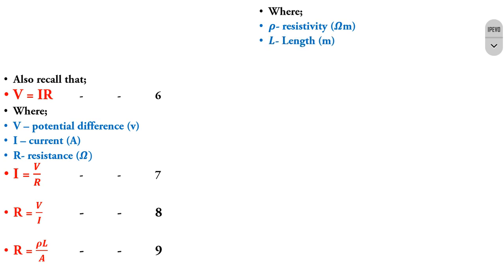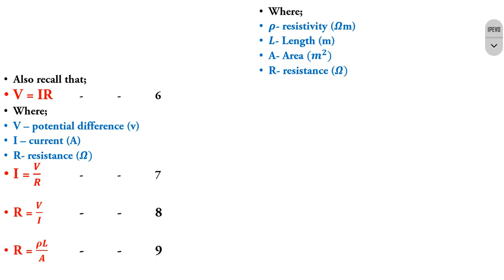We'll define that as we go down. L is the length of the material, A is the area in meters squared, and R is the resistance in ohms. The reason I had to list all these and write them out is to enable you to understand what I'm trying to say.